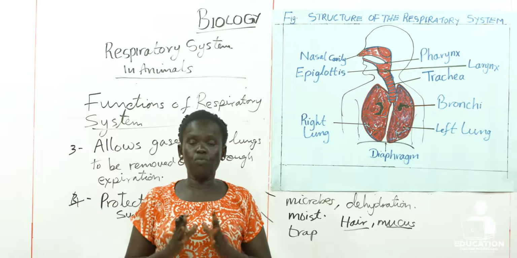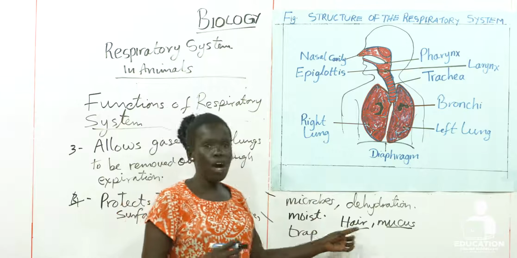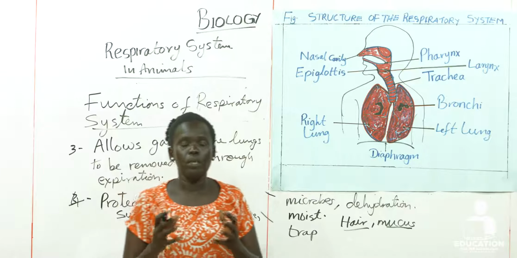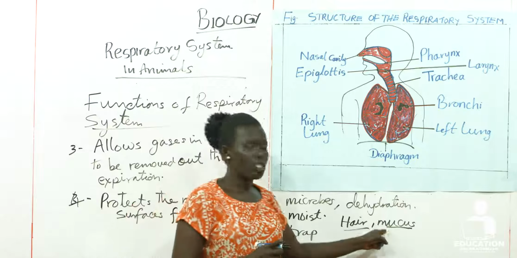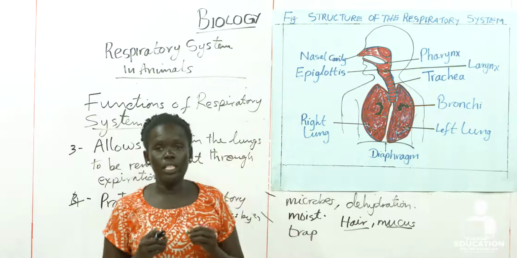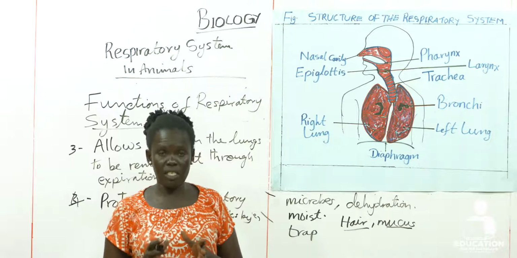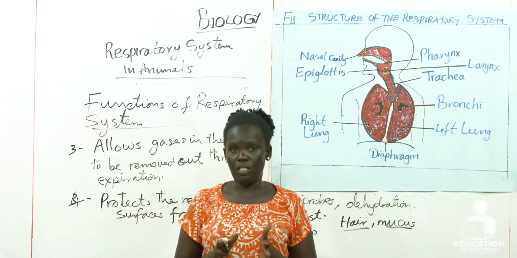So this should be filtered out through the hair, or some small microbes should be trapped by the mucus, so that the air reaching our body is clean. This is how the respiratory system protects the respiratory surfaces.